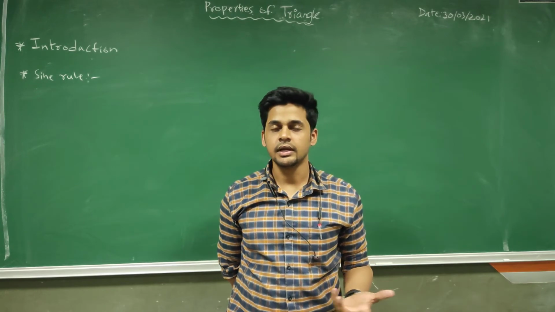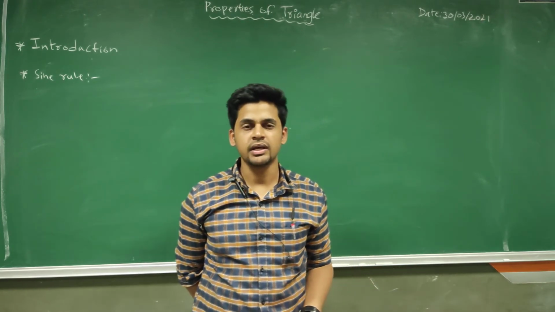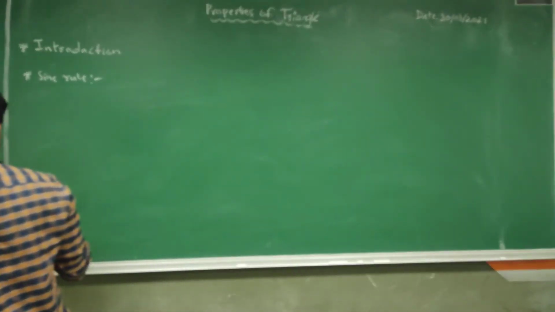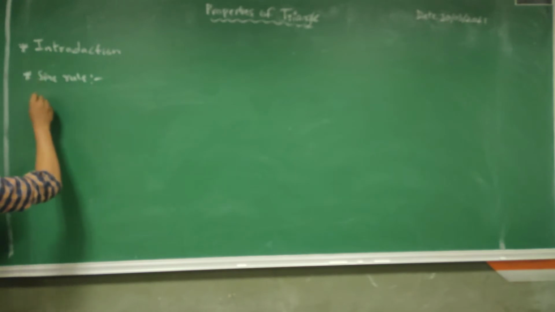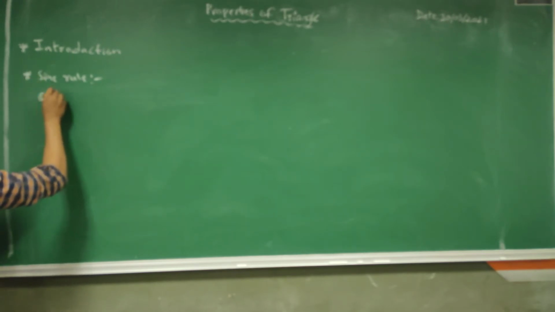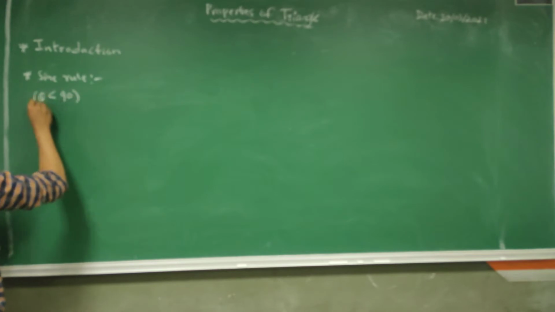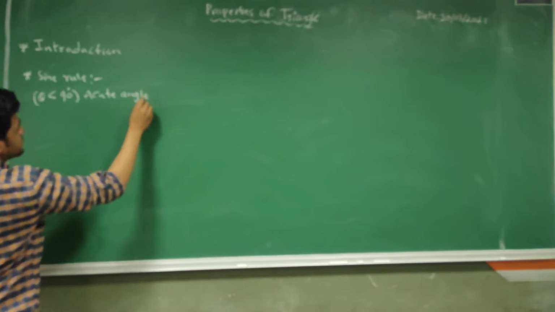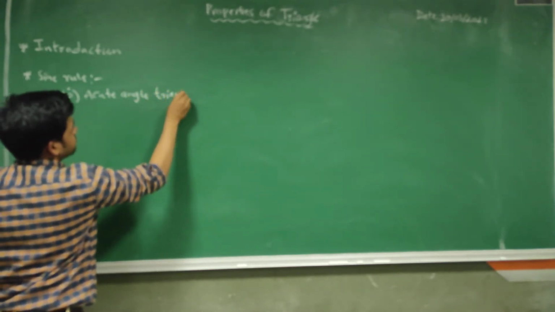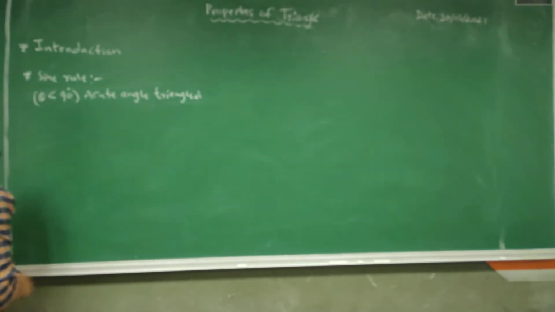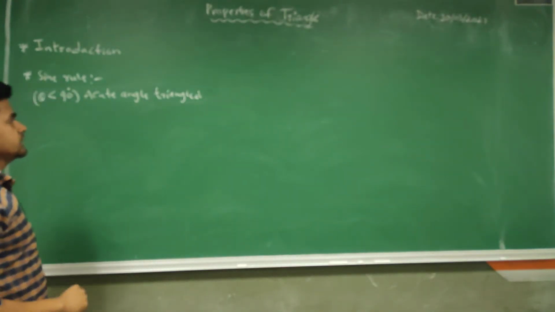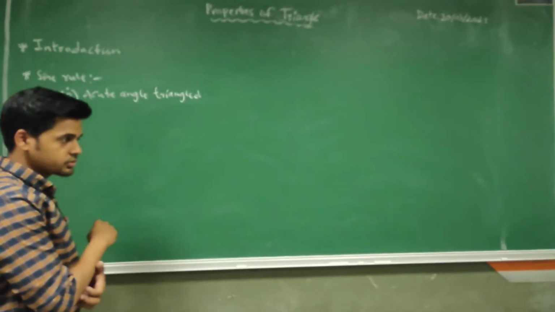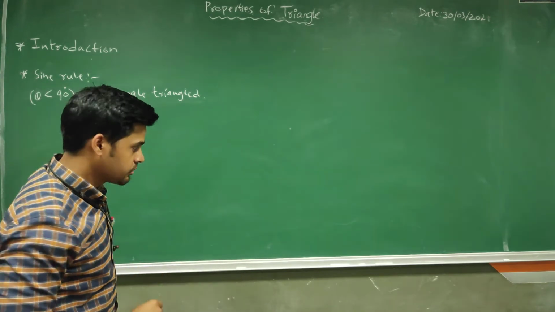Firstly, we take the acute angle triangle, where theta is less than 90 degrees. So I am going to draw an acute angle triangle. I need to take a different color of chalk, but here let it be.